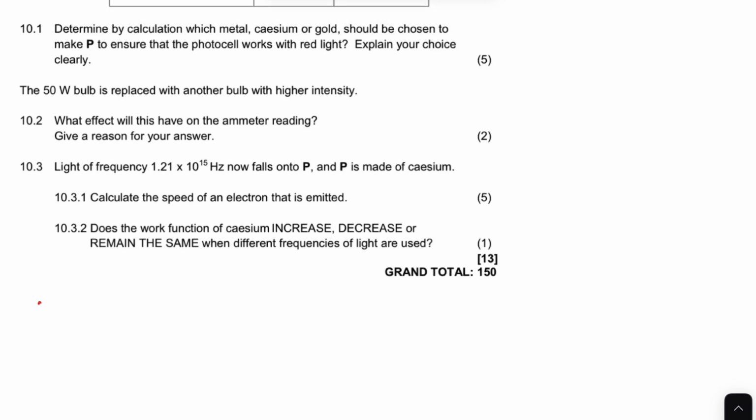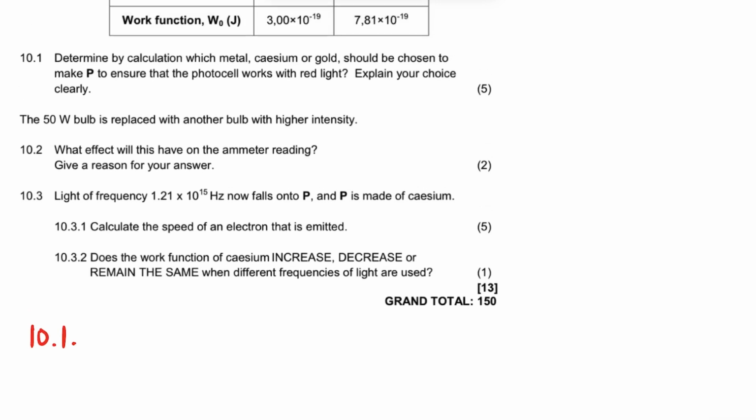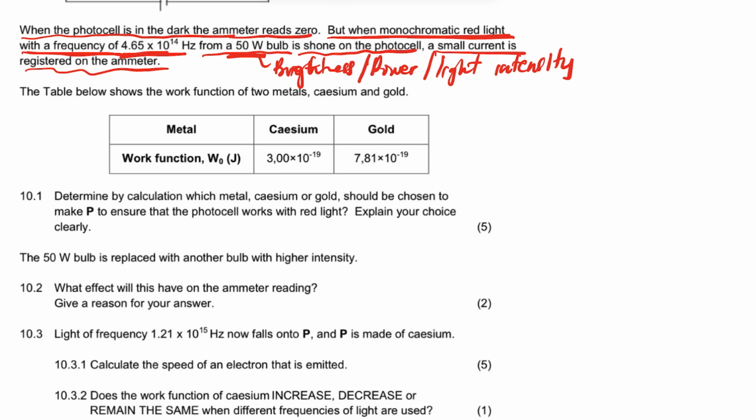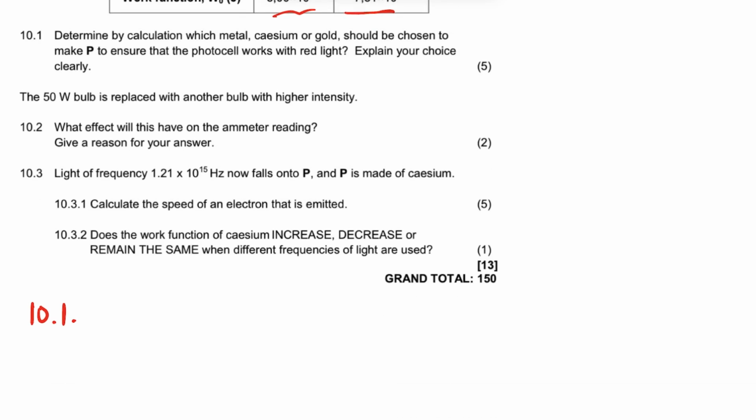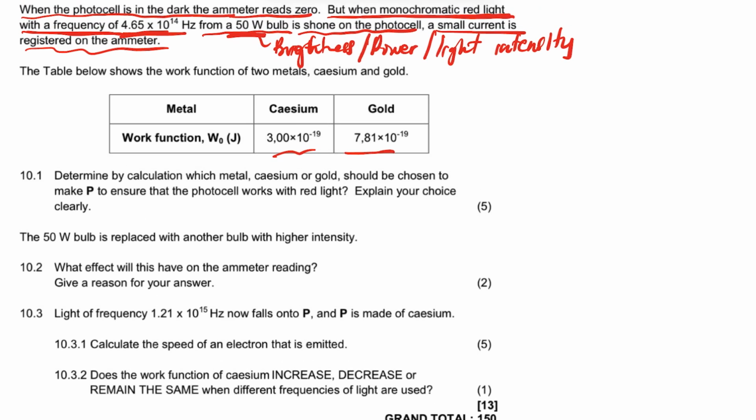We're going to calculate the energy of this monochromatic light, and then compare it with these work functions. If the energy of the light is greater than the work function, that means that metal is the suitable one. Okay, let's calculate the energy of the light.